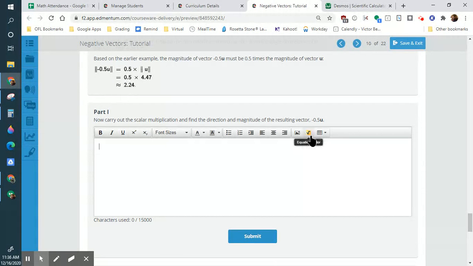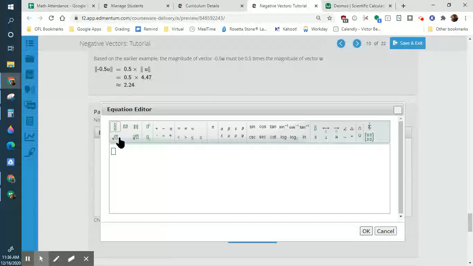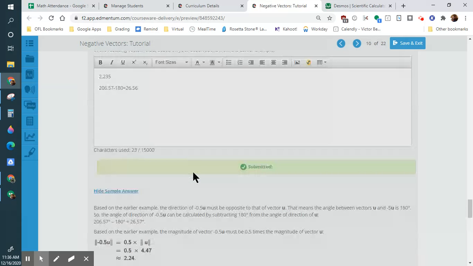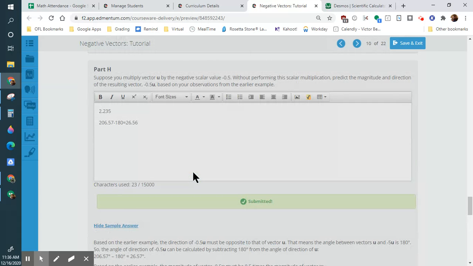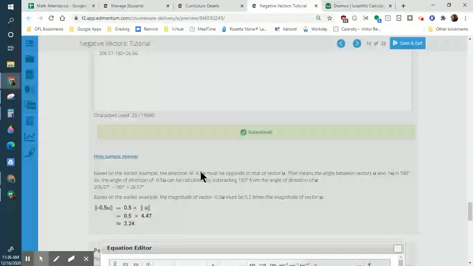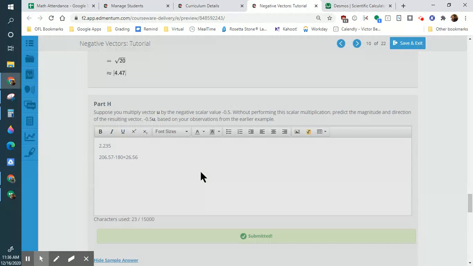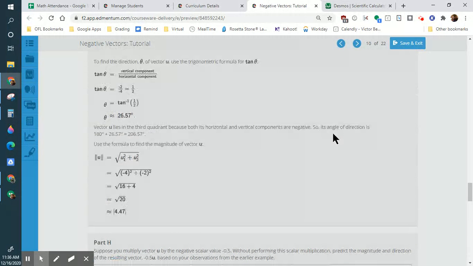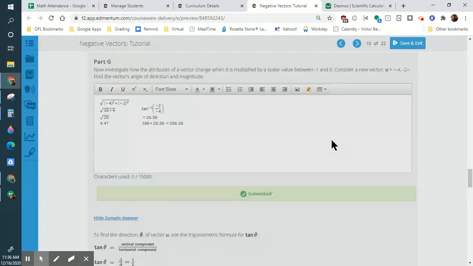So I'm just going to start solving for it right now. For the magnitude, just because it makes sense to do it right now. What's our vector? What's vector u? Vector u is -4, -2.